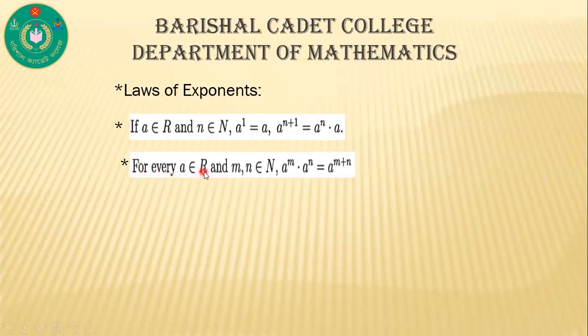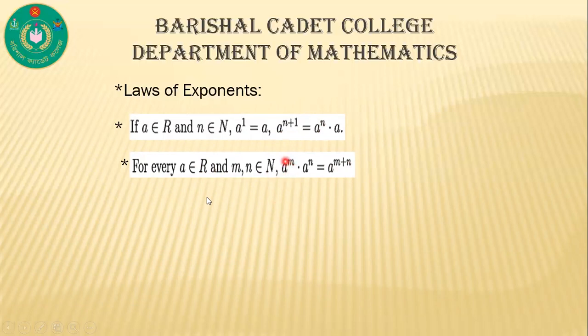For every a belongs to R, here R means set of real numbers, and m, n belongs to N, N means set of natural numbers, then a to the power m into a to the power n is equal to, we can write a to the power m plus n.